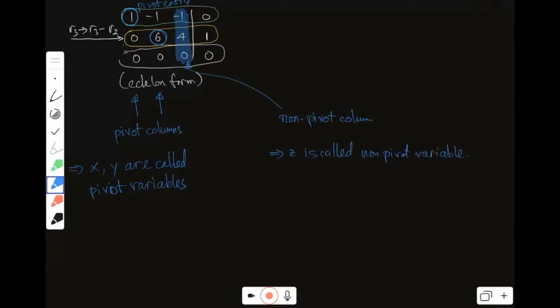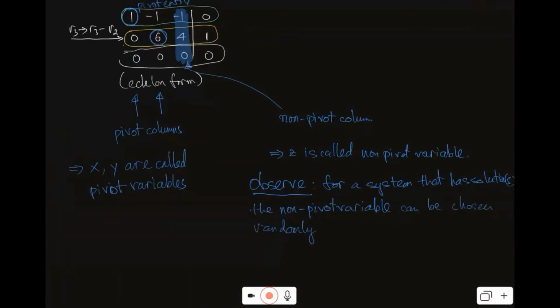Now you have observed that for a system that has solution, the non-pivot variable can be chosen randomly. And because we can choose that randomly, we call it the free variable. Okay, so just some terminology.